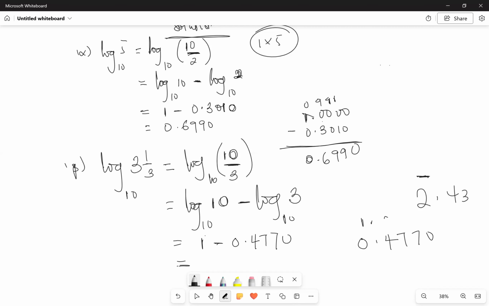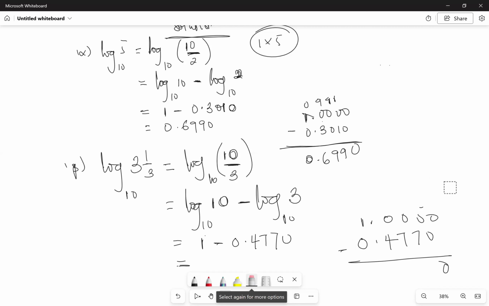Okay, so 1.0000, subtracting. This one will be 0. This one I have to borrow. Here will be 10, but I will still borrow, so it will be 9. Here will be 10, but I will still borrow, so it will be 9.